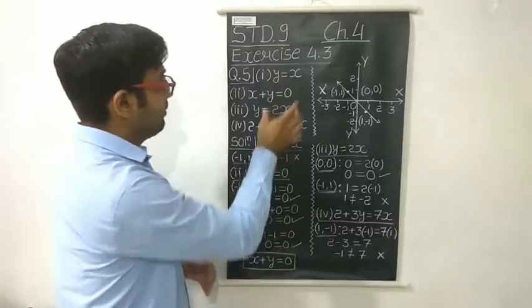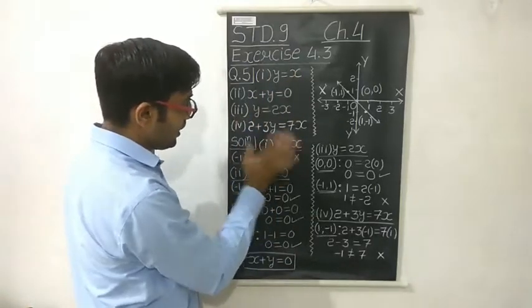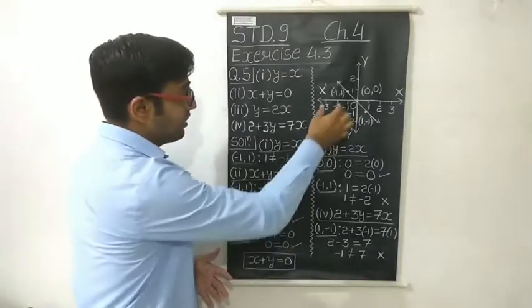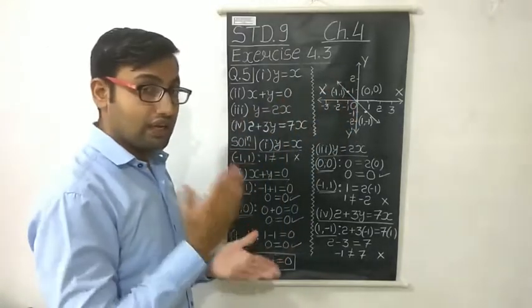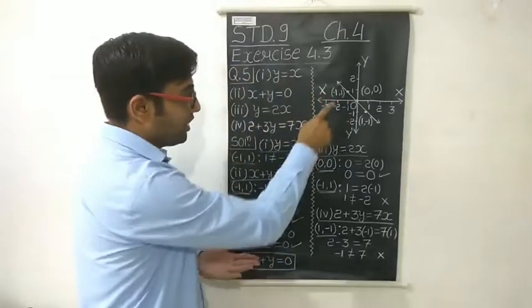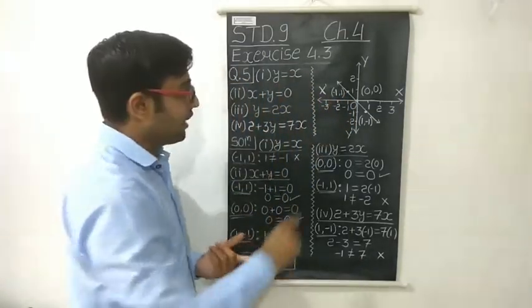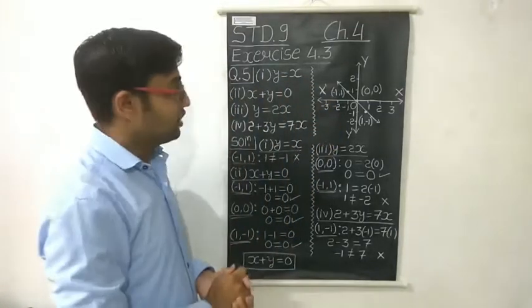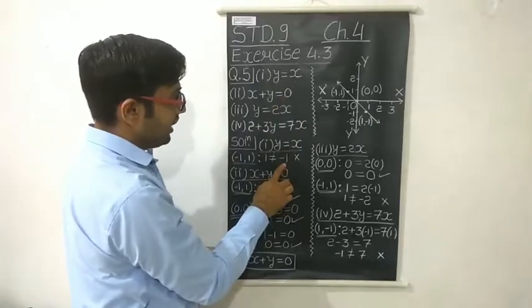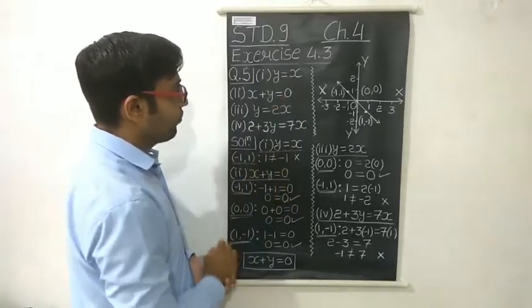First of all, we will consider the equation y equals x. The first point is (-1, 1). Let us put this value in the equation. The x coordinate is -1, the y coordinate is 1. So instead of x we put -1, and instead of y we put 1.